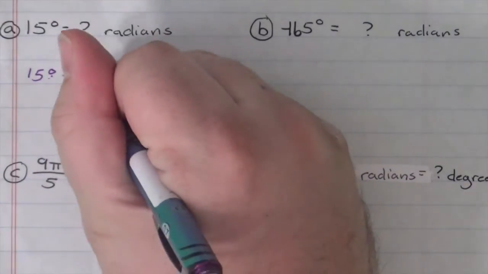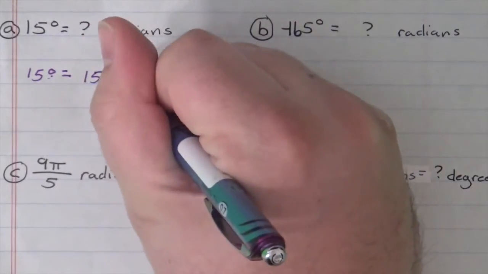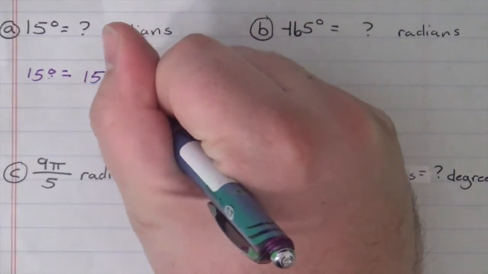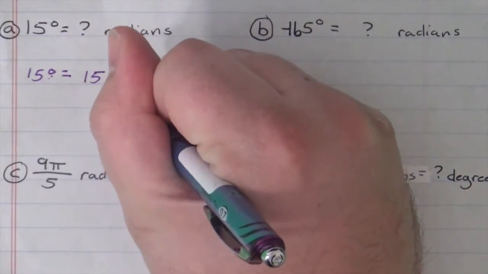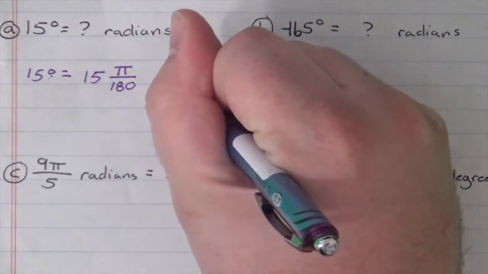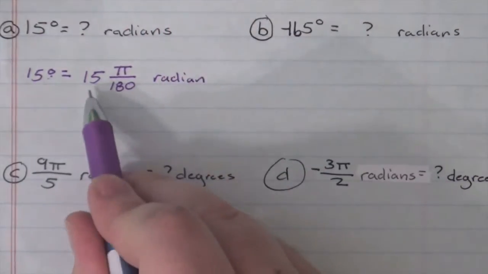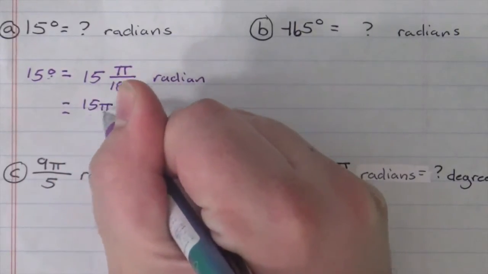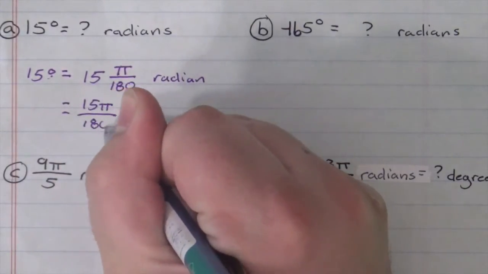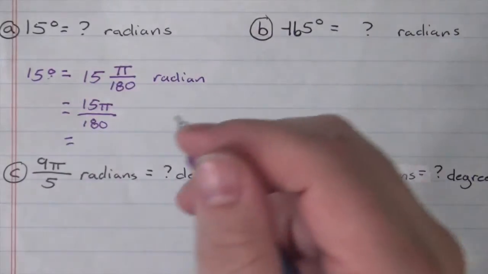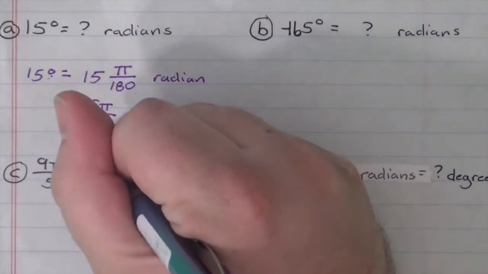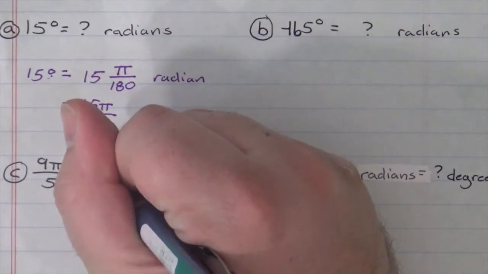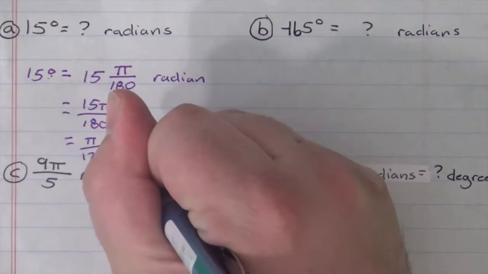So it's equal to 15 times pi over 180, and this is going to give us our radians. So when we do this, we actually get 15 pi over 180, and then when we simplify this, we get that we have pi over 12 radians.